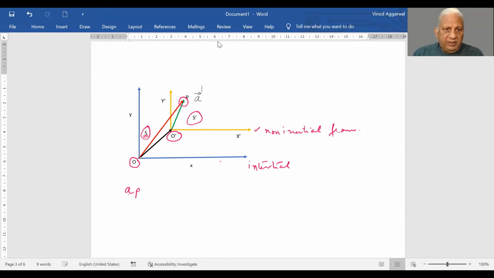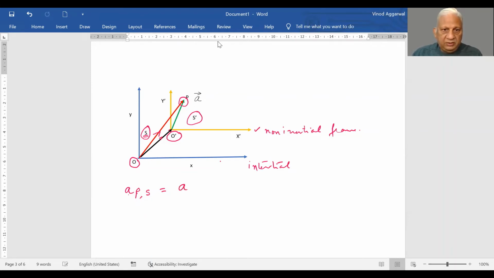The acceleration of particle P with respect to the S frame of reference, this red vector, is equal to the sum of these two vectors, O dash and O dash P, right? So what is O dash P?